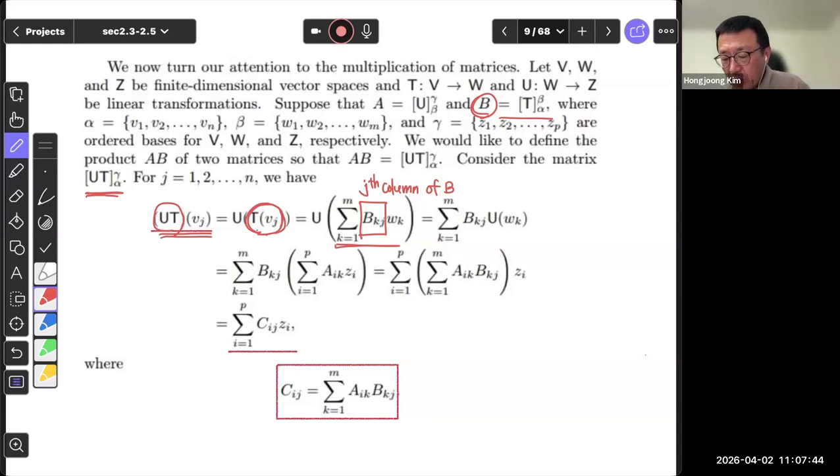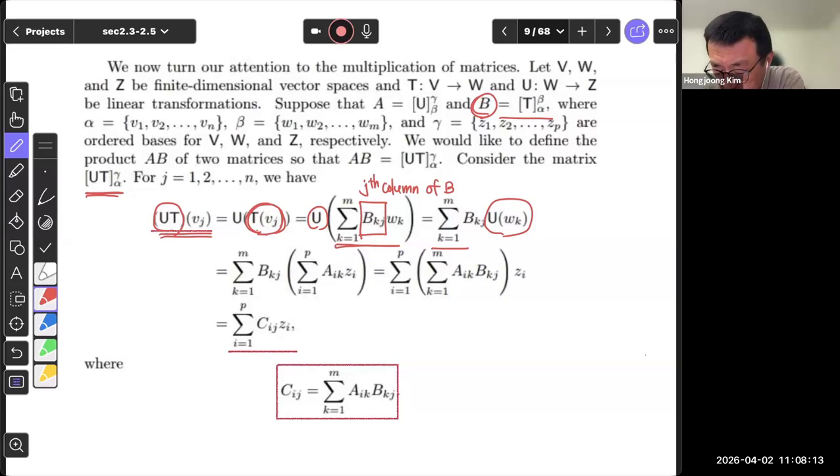Now U is a linear transformation. So U of a certain linear combination can be computed by the linear combination of U of WK. Okay, now what is U of WK? How can I construct this one?